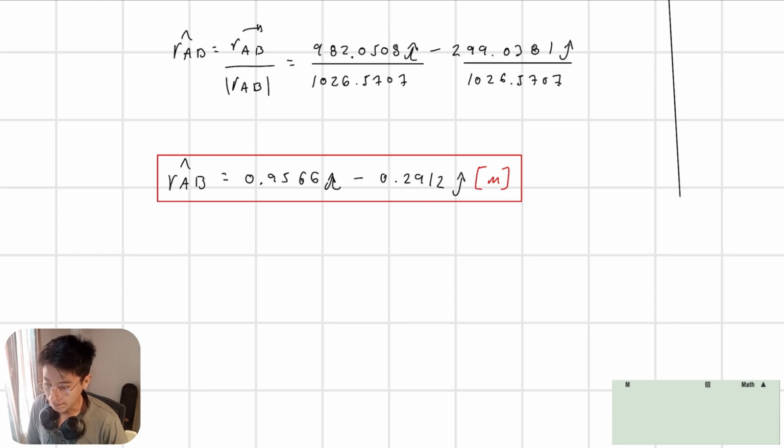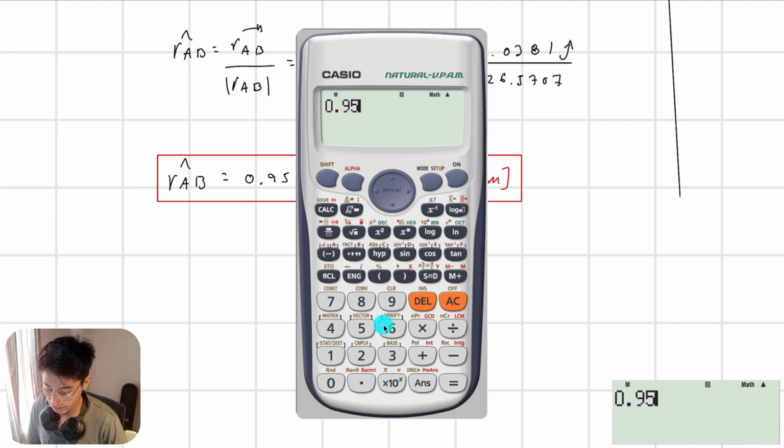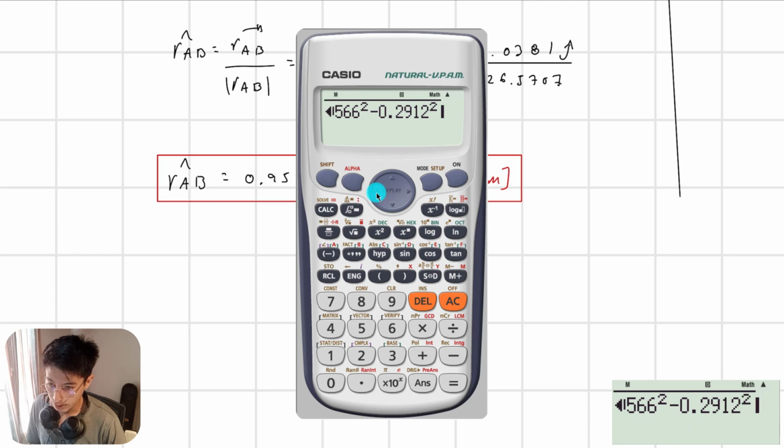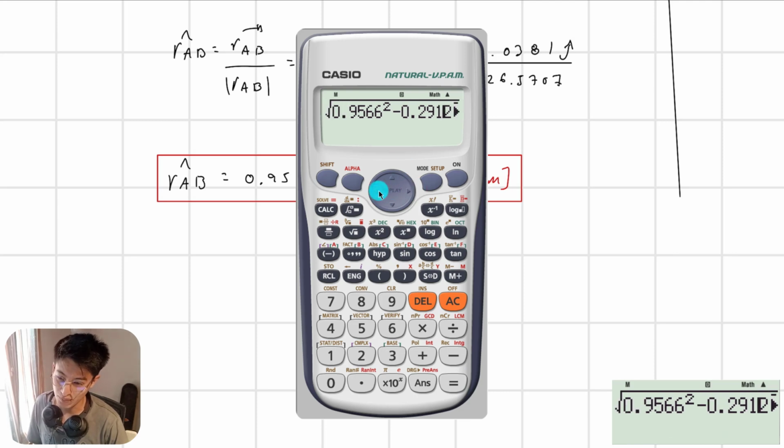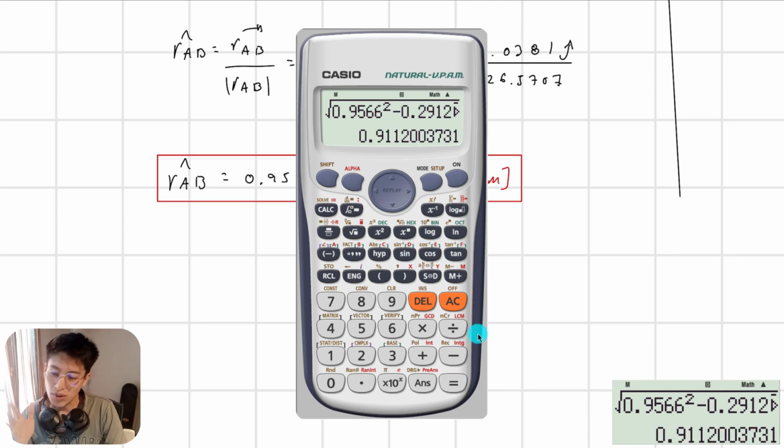So the square root of 0.9566 square minus 0.2912 square. I'm sorry, I just mentioned it, and okay, as you can see, this is not equal to 1.